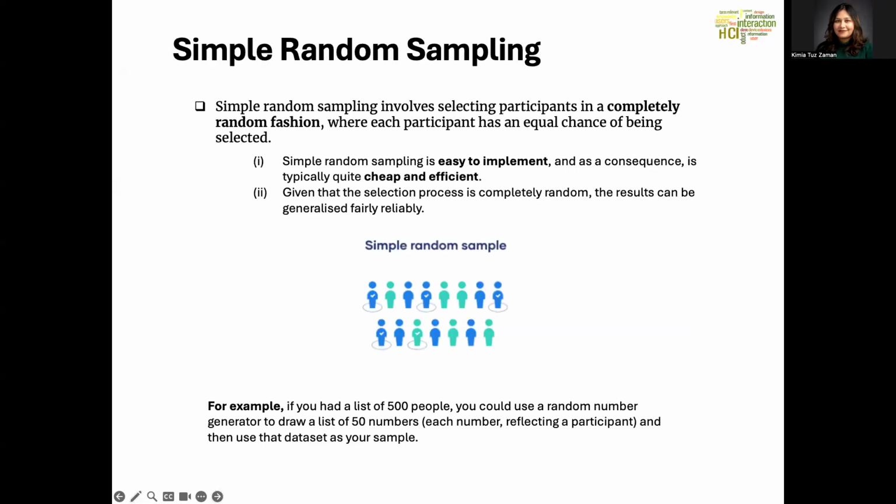Moving on to simple random sampling. Simple random sampling means every unit on the frame has an equal chance of selection. If we have a list of 500 people, we can use a random number generator to pick. For example, we will select 50 IDs, and that's our sample out of the 500 people. It's easy to run and statistically clean if the frame is accurate.